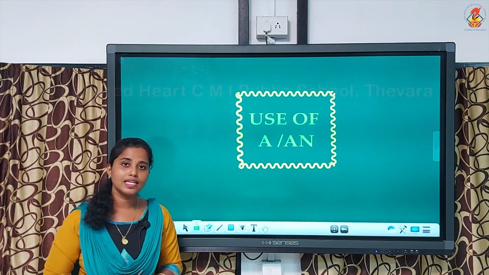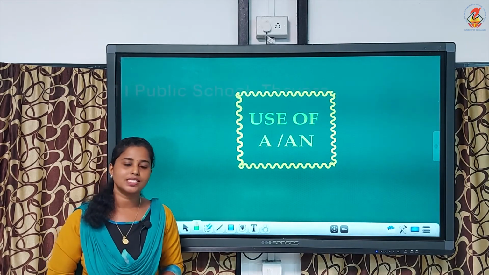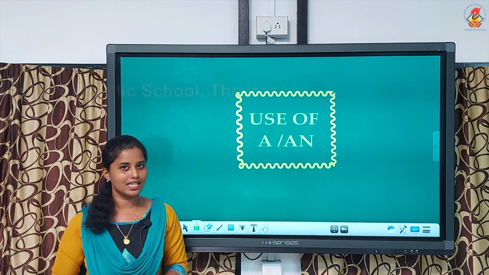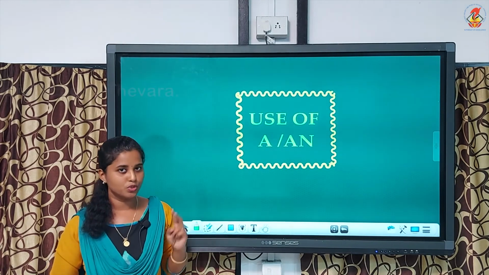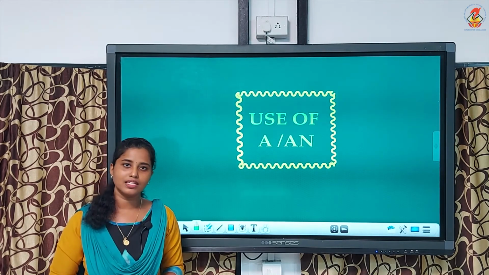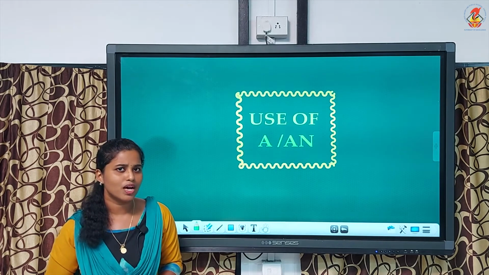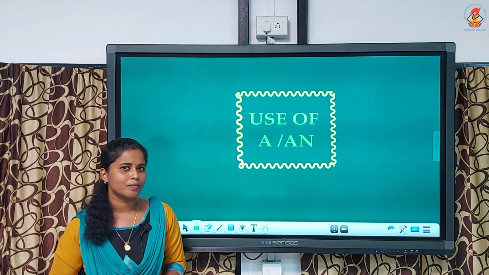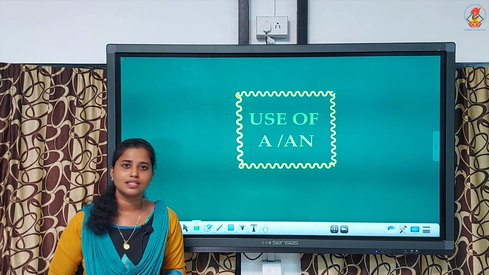And we have already learned in our last session that the English alphabet consists of 26 letters, isn't it? And they are divided into two parts. The first part is vowels and the second part is consonants. Do you remember those vowels and consonants, children? So tell me, what are the vowels?